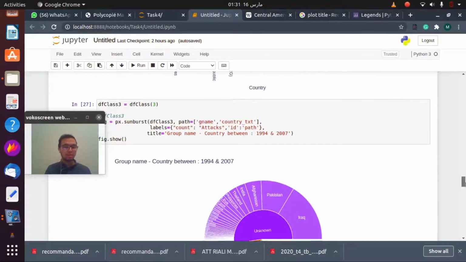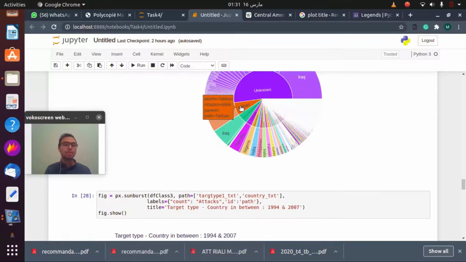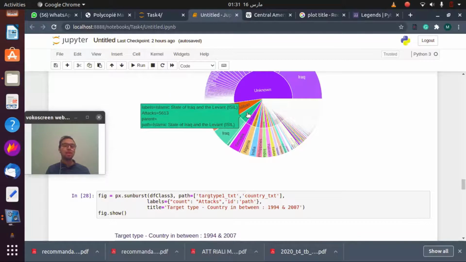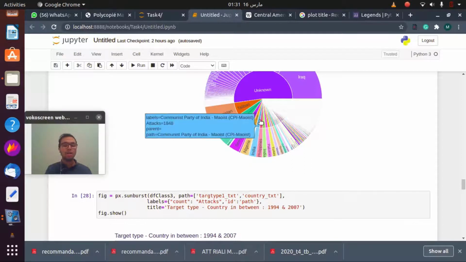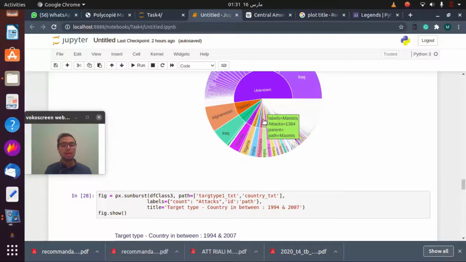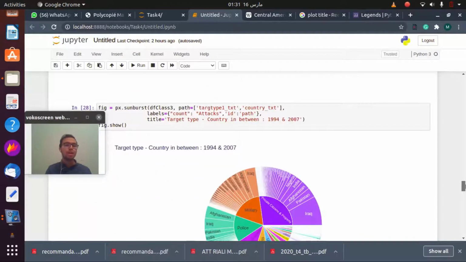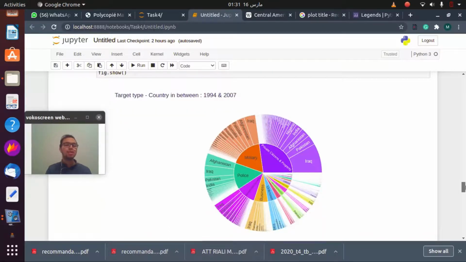So here we have the third class, and we're going to see groups that are based on ideology or religion. For instance, here we have the Taliban, Islamic State of Iraq, Boko Haram, Shabab, the Maoists, etc. So terrorism becomes more and more religious and ideological.